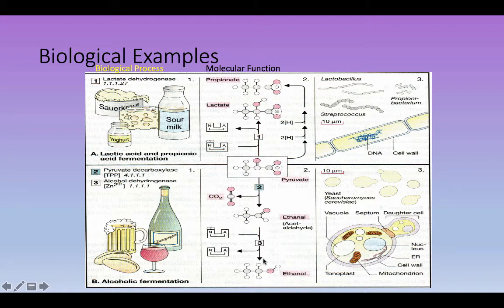We have our biological processes that these are involved with. So while it's the same starting point in pyruvate, and we have these different molecular functions, they lead us to different biological processes. So here we have the lactic acid, propionic acid fermentation we see in the creation of dairy products and sauerkraut.